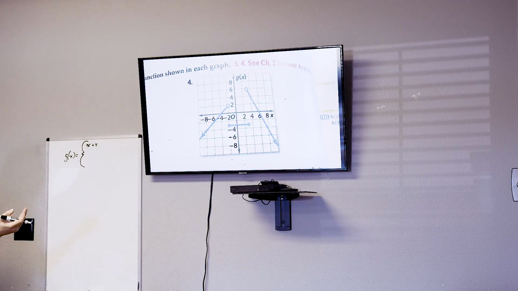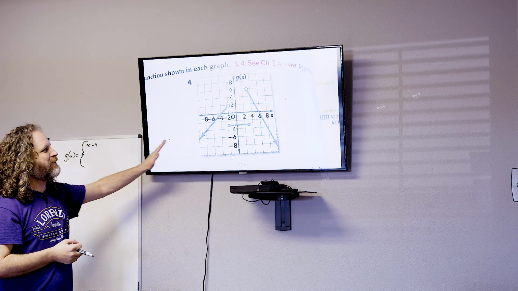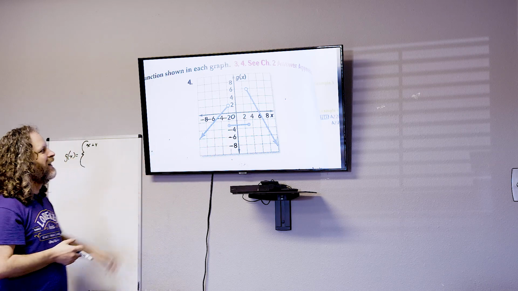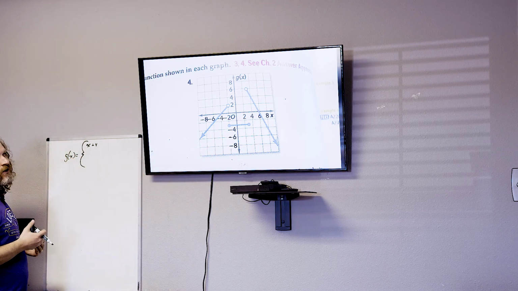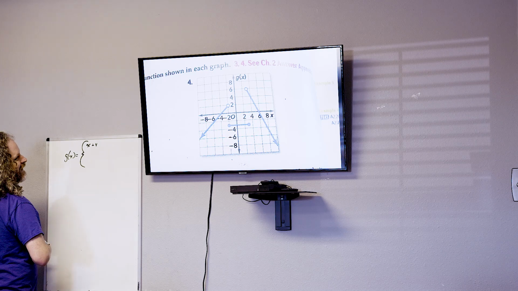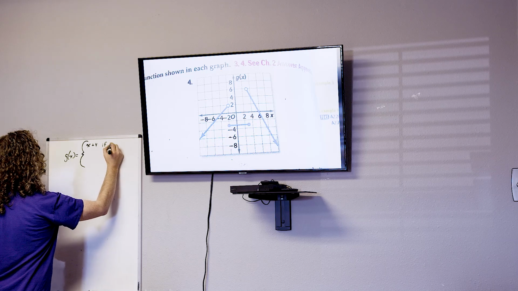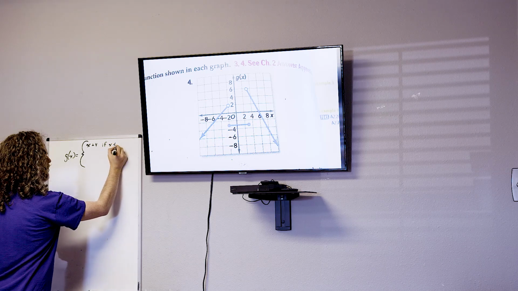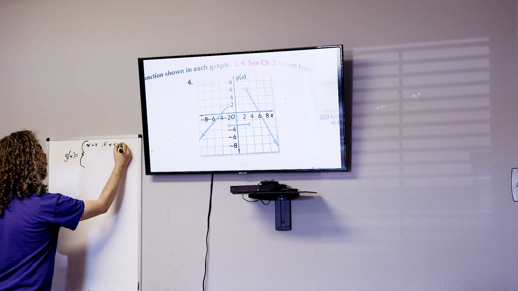Now, what's the lowest number in that first chunk? What's the lowest x number? There's no lowest, so it goes to negative infinity. And it ends at negative 2, 0. So this is true if x is less than negative 2, right?